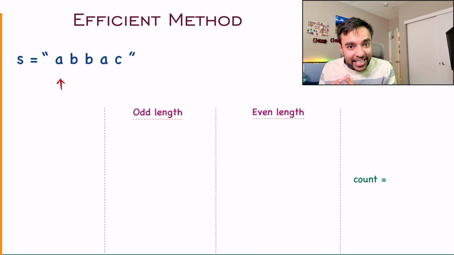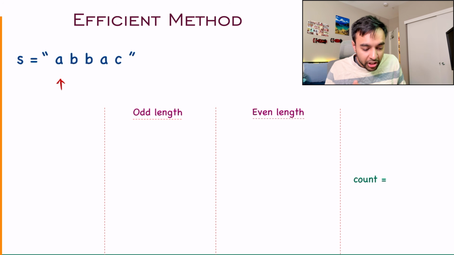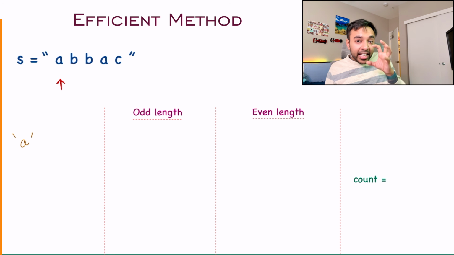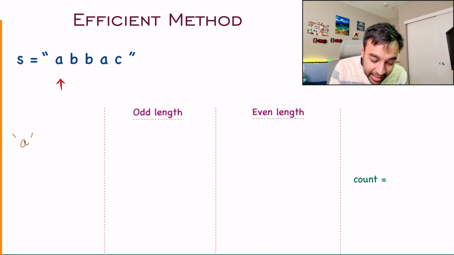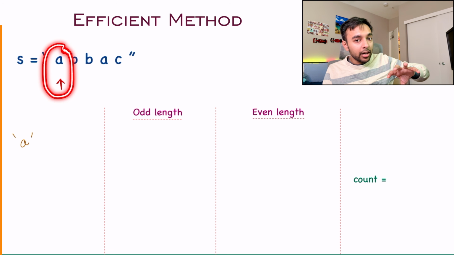So how will this algorithm actually look like? So over here, I am first of all starting with the very first position. So my current character is A. And if I am starting off with this position as my center element, how many odd length palindromes can I find out? If you remember, in an odd length palindrome, the center position does not matter at all.